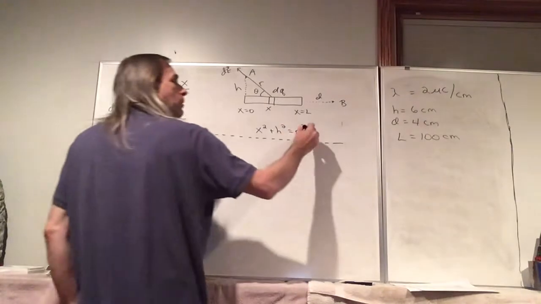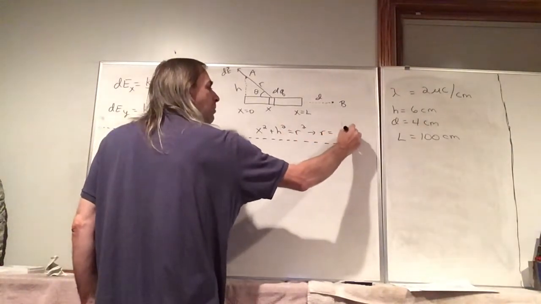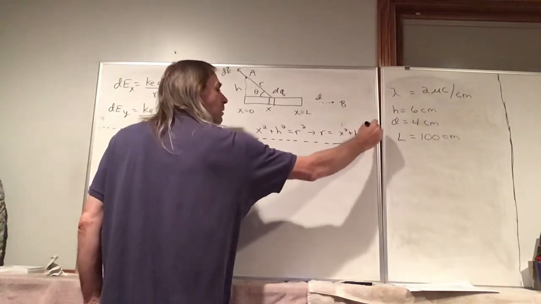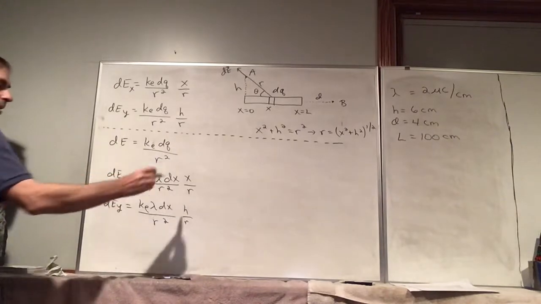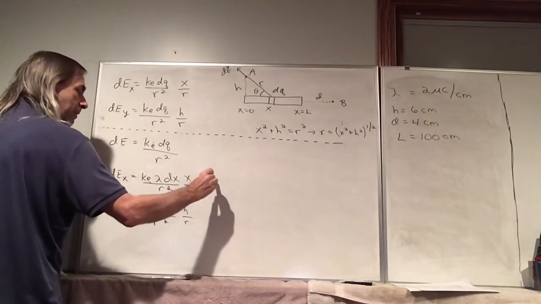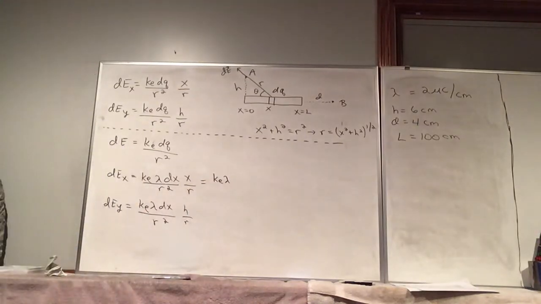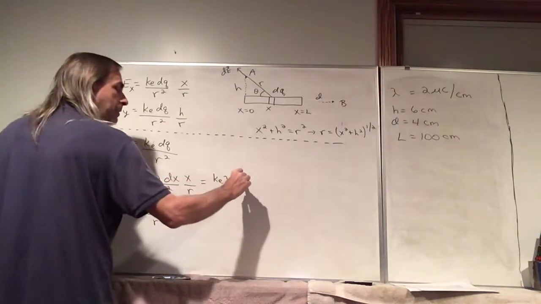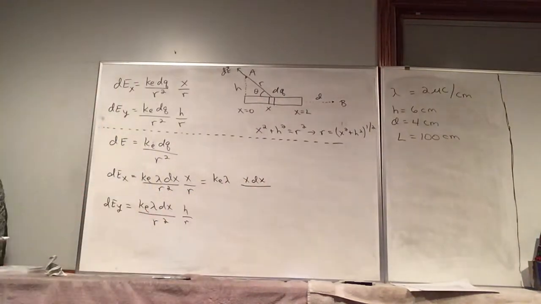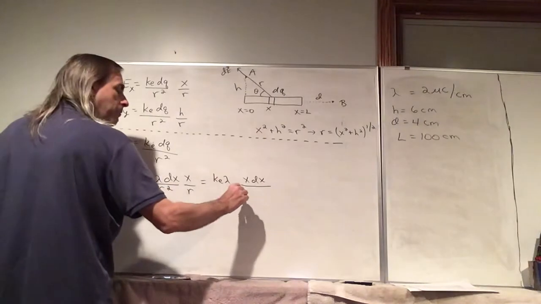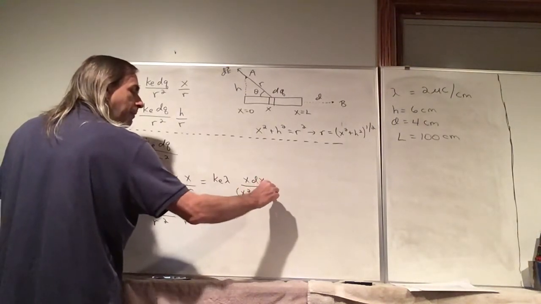Or r is (x squared plus h squared) to the 1/2 power. So let's simplify this as much as we can. So we have k_e lambda, and then we have x dx over r cubed. So that would be (x squared plus h squared) to the 3/2.